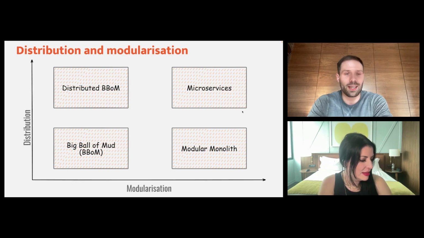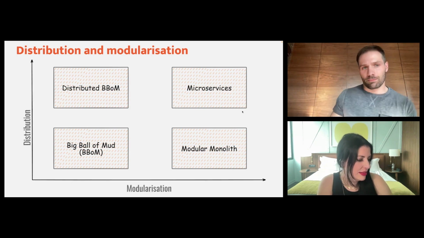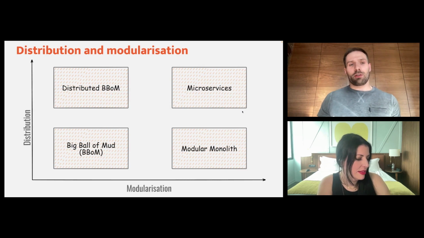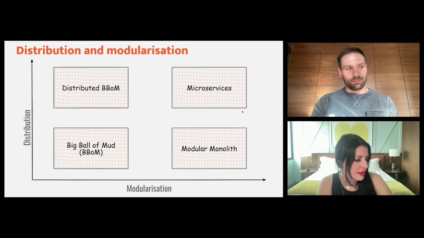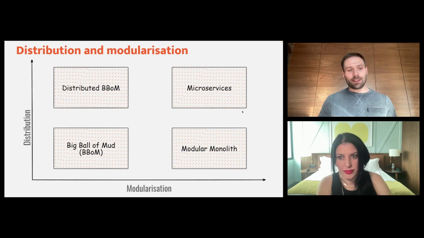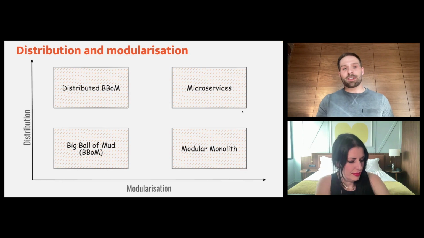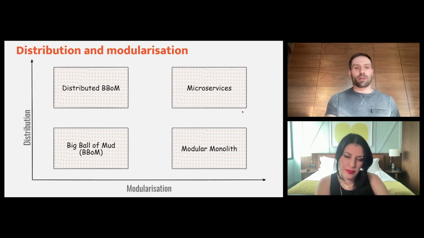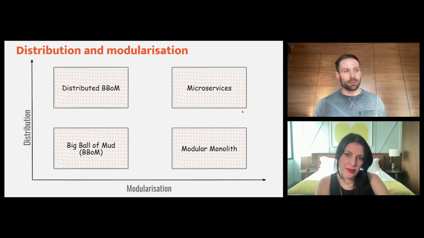First question would be, is your system modularized? And by modularization, I don't mean we have separate deployment units. I mean, do you have nicely shaped business-facing modules that actually represent whatever is happening in your domain space, in the problem you are trying to solve with the system you implement, right?